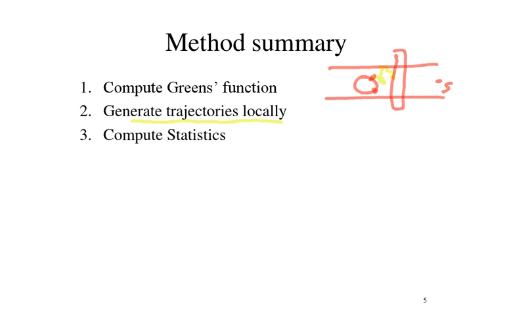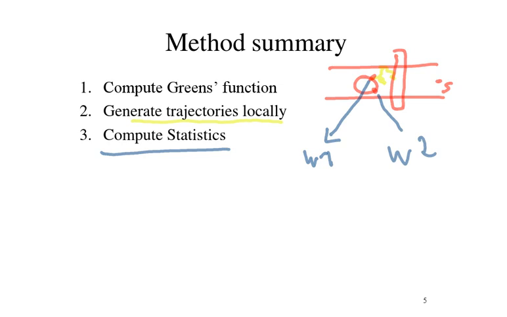Why you are doing this is to estimate the different statistics, the number of particles arriving here, let's say at Window 1, or the ones arriving at Window 2. And you can then vary the position of the windows.